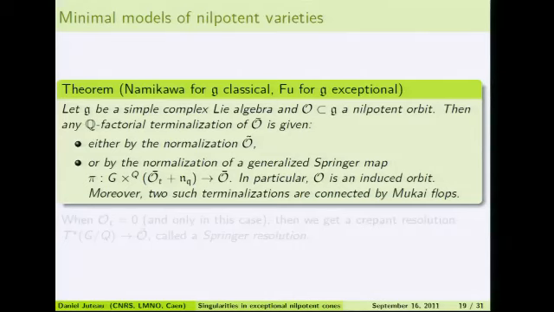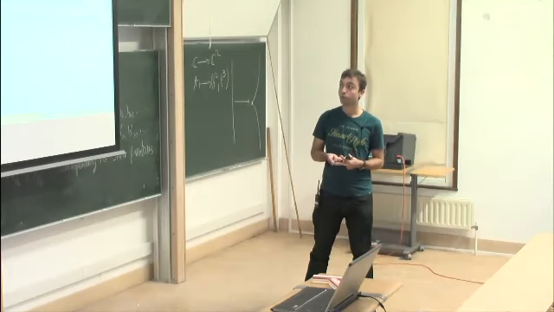So Namikawa did this for classical types and Baohua Fu for exceptional types. So they gave the Q-factorial terminalizations of all nilpotent orbit closures. So either it's just a normalization, or you can use a generalized Springer map.